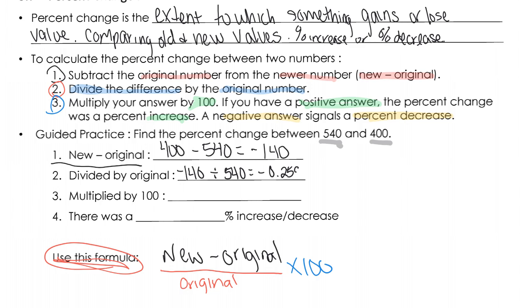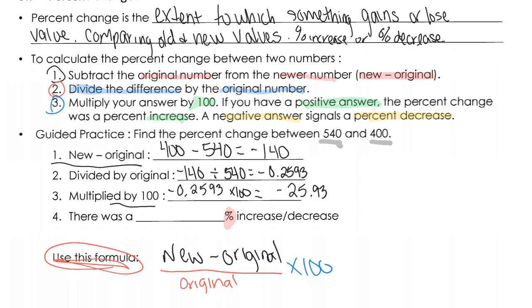Hopefully you got, we're just going to write out the first 4 digits, negative 0.2593. We multiply it by 100, and that gives you negative 25.93. Then we always have to tack on a percent sign, because we're talking about a percent change.